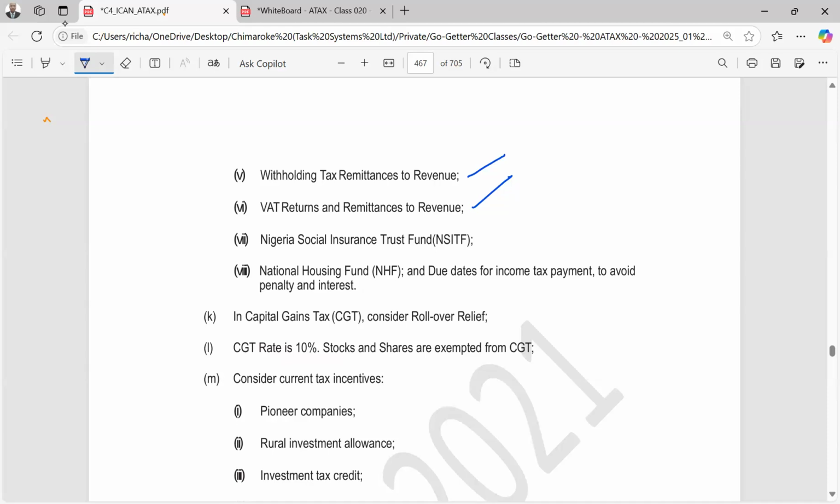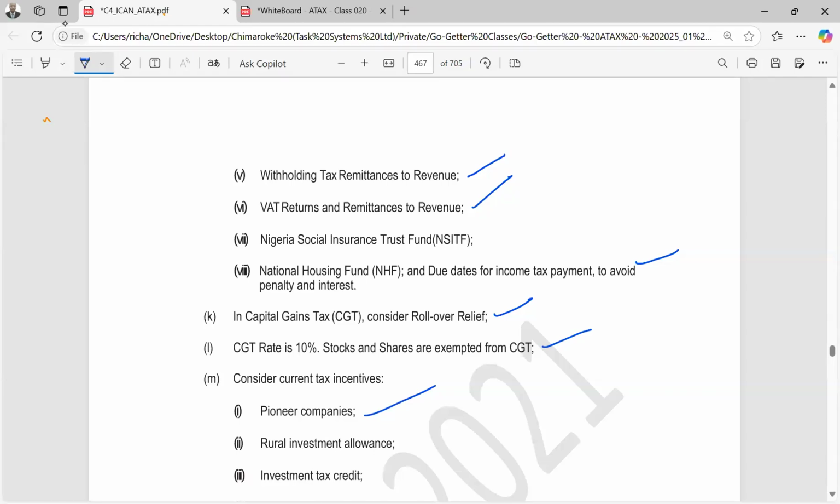Then we have the capital gains tax. We consider rollover relief. Then capital gains tax, we said stocks and shares are exempted from CGT. Then we also say pioneer companies. That's fine.